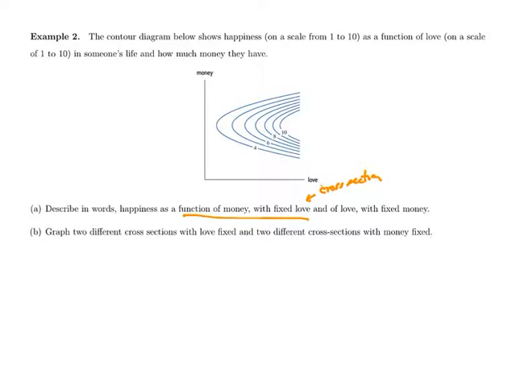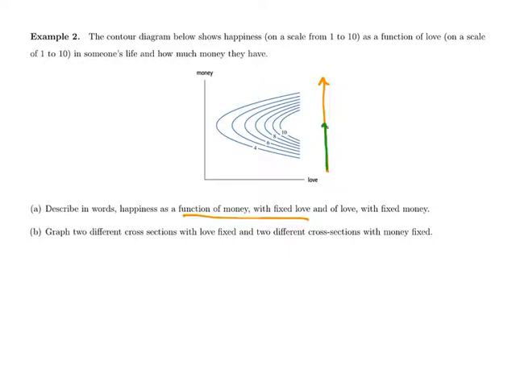So, first thing is, what happens to happiness as a function of money? So here we're thinking about what happens to this happiness as I'm going up this graph. And we can see that the happiness is going to increase, right?